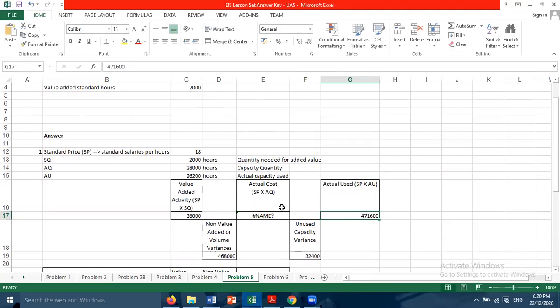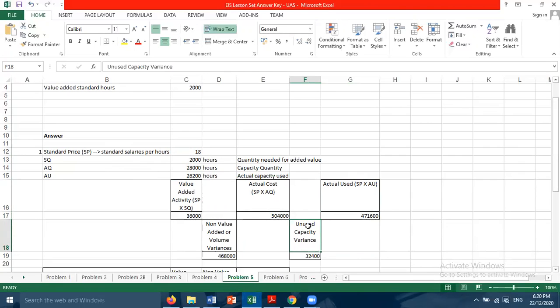Now, aside from the actual cost, we'll also need to calculate the used cost, or the cost which is actually used. So if we calculate the cost based on what we used only, which is 26,200 multiplied by the standard price, we'll get a cost of 471,600.